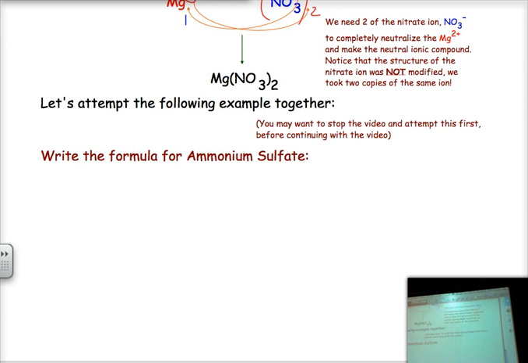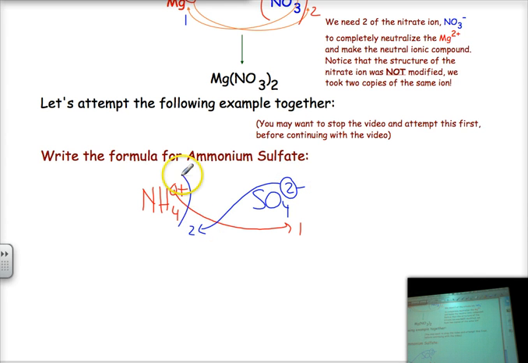The ions that we have involved there are the ammonium ion and the sulfate ion. And so what I'm going to do is I'm going to go crisscross. There's only a 1 there, so nothing that would change the structure. And then there's a 2 here, and I'm going to get 2 of that particular ion.